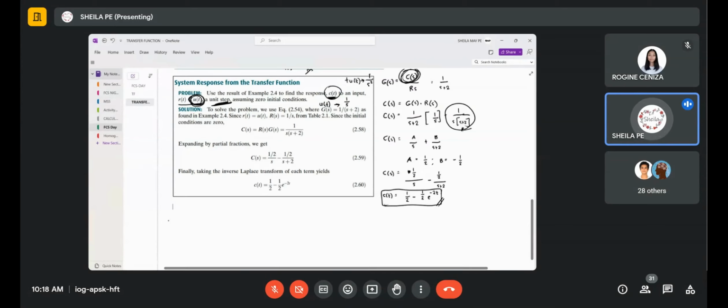So for another example, example number 3.